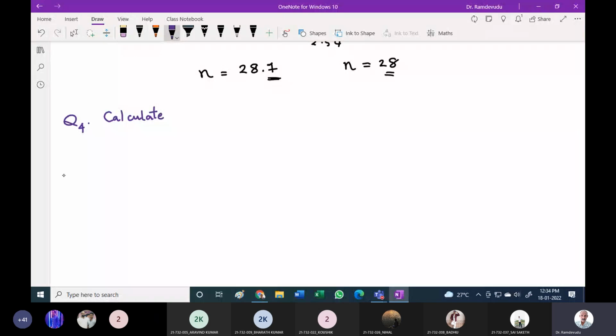Calculate the angular separation. Angular separation means how much is the angle difference between the given two.